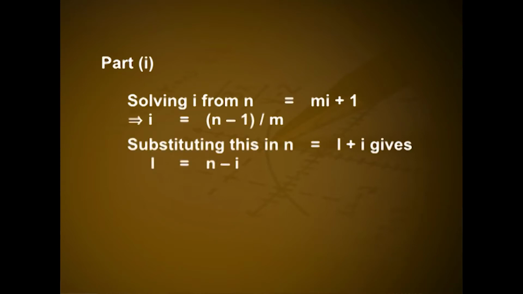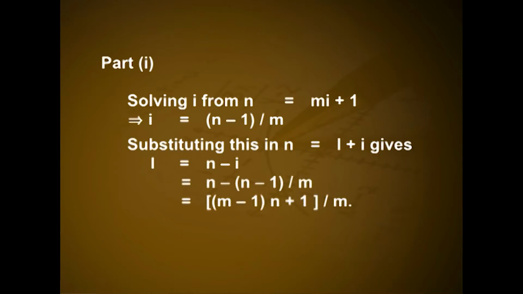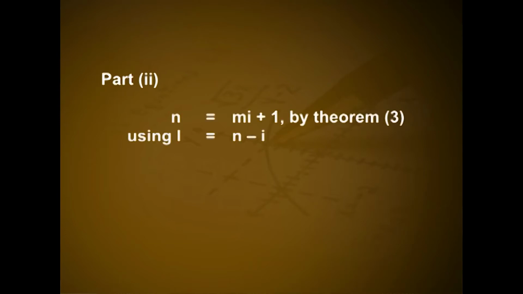Substituting this in n equal to l plus i gives l equal to n minus i, that is equal to n minus of n minus 1 by m, that is equal to m minus 1 into n plus 1 the whole by m. Part 2. n equal to mi plus 1 by the last theorem and using l equal to n minus i gives mi plus 1 minus i, that is equal to m minus 1 into i plus 1.